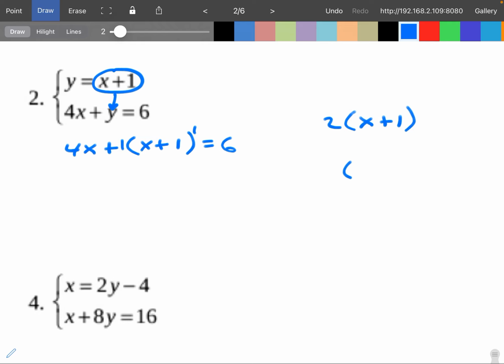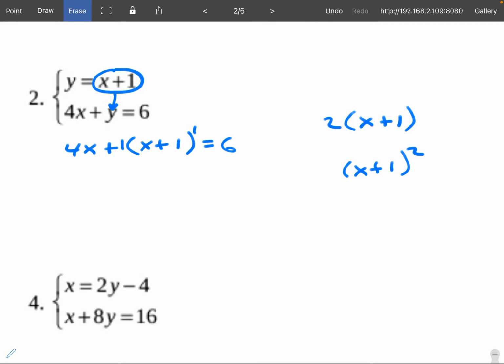Now, I put those parentheses in there just so that you can see what I plugged in for y, or what I substituted for y. You don't really need those parentheses, okay? If that's a 1 right there and that's a 1 right there, you can drop the parentheses. The only time you need parentheses is if there was a number in front of that quantity in the parentheses.